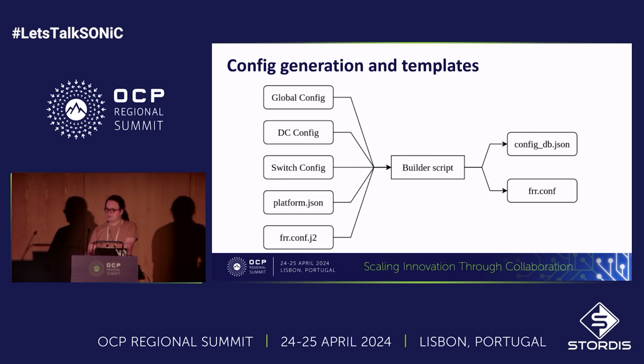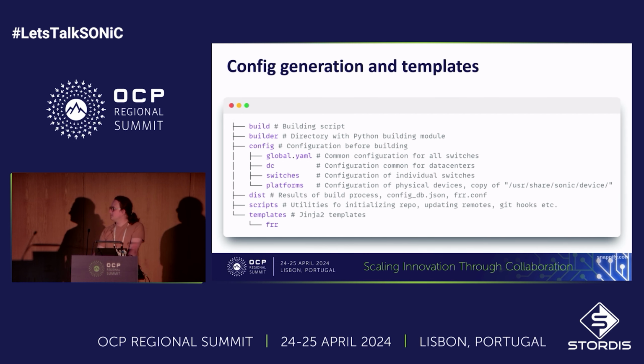And there is switch config, which is only applied to a given switch. We also add platform configuration that we took from the SONiC image, and templates like the template for FRR. Then we build it using Python. This basically translates the domain-specific configuration to config_db.json and frr.conf. The step of translating may seem complex, but it's not.